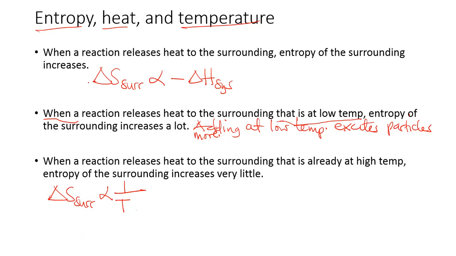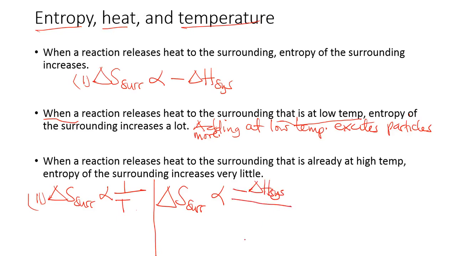Now, this is 1, this is 2. If you combine the two equations, you can say that the entropy of the surrounding is proportional to enthalpy, that is the heat of the system, divided by temperature.